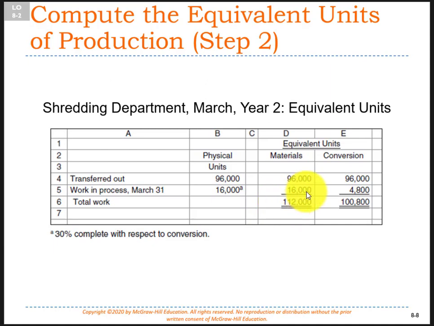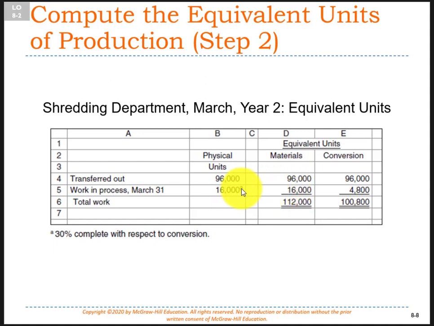But also, the ending work in process needs to be considered for equivalent units. This is where this whole idea of equivalent units is so important, because these are, at least for conversion, only partway done. So the stuff that's sitting there at the end of the month, partially done, all the materials are there.